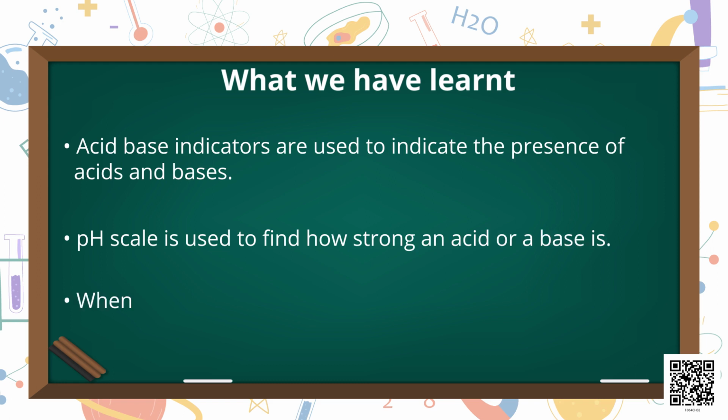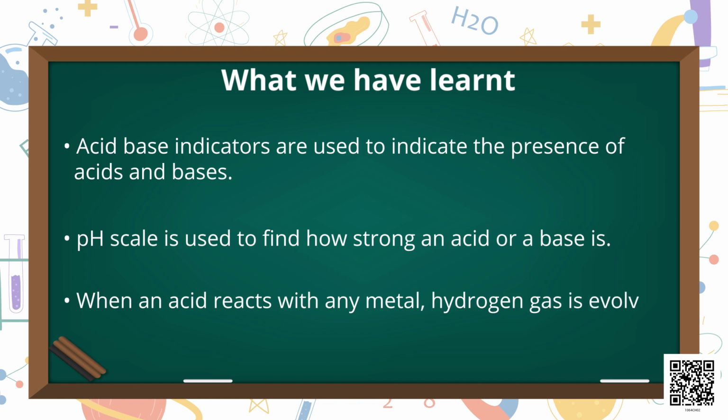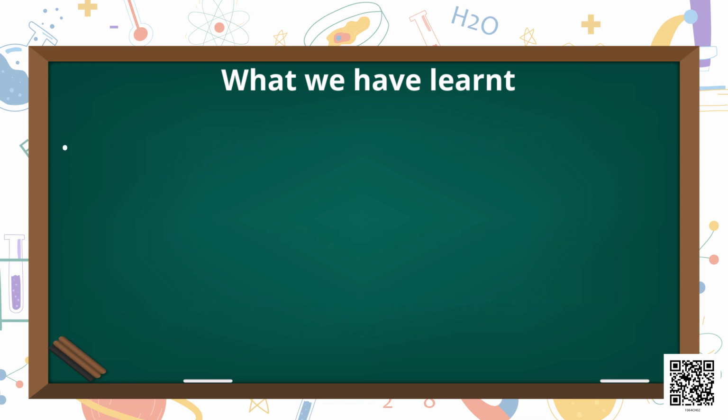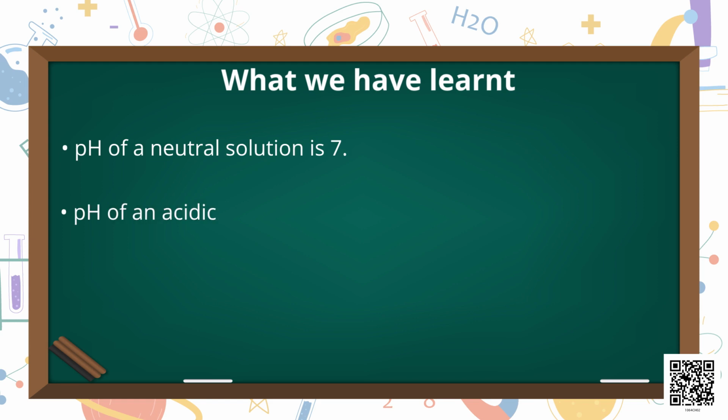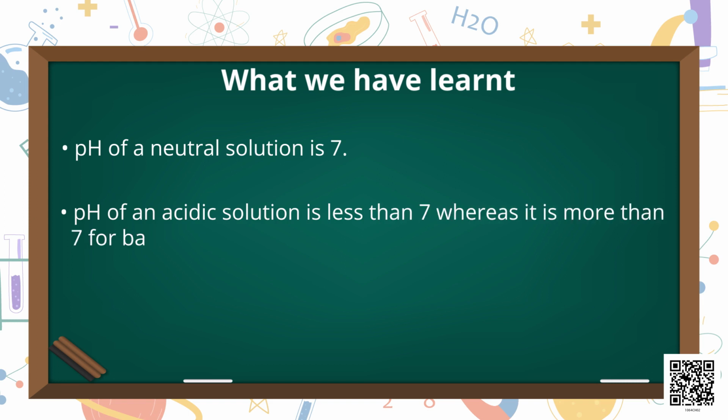When an acid reacts with any metal, hydrogen gas is evolved along with the formation of metal salt. pH of a neutral solution is 7. pH of an acidic solution is less than 7, whereas it is more than 7 for a basic solution.